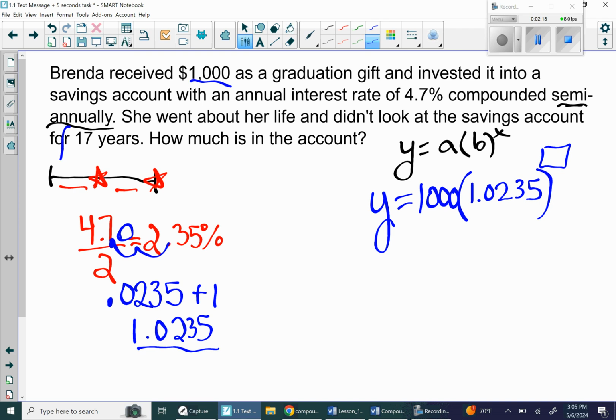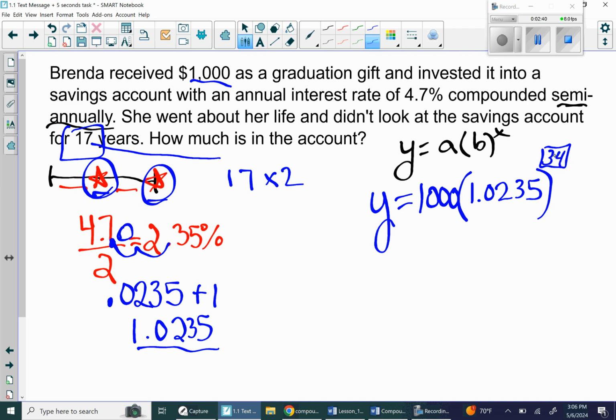So it's not 17 because it's twice per year, once at the end of 6 months and once at the end of each year. That means we're getting 2 deposits every year, so we need to take 17 and multiply that by 2. Okay, so that would actually be 34 as our exponent right there.